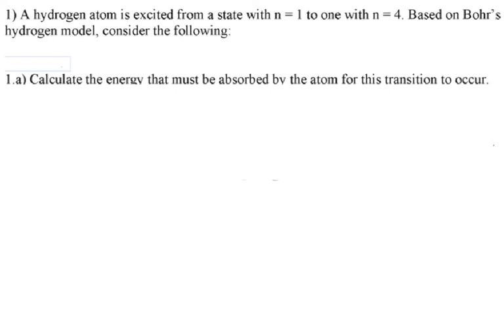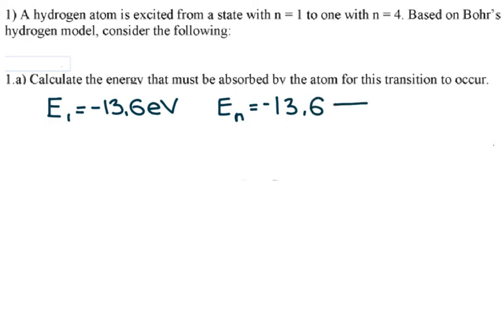So at first I have to calculate the energy levels. I know that E1 for the hydrogen level is equal to negative 13.6 electron volts. If you wanted to calculate the nth level, the formula would look like negative 13.6, times the number of protons in the atom squared, which in this case, for a hydrogen atom, is 1, over n squared, where n is the level the electron is jumping to.